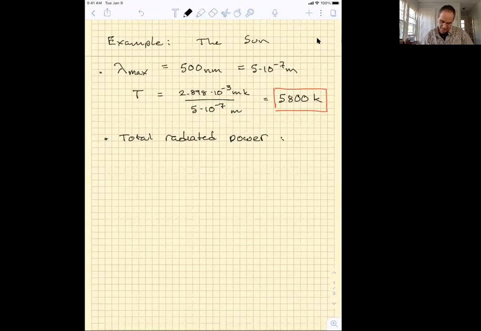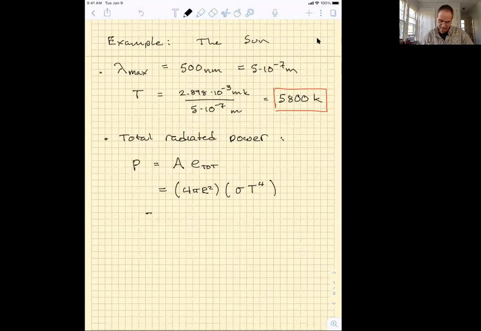The power is going to be the area of the surface of the sun times the total emittance. So this, of course, is 4 pi r squared, the surface area of the sun, times Stefan-Boltzmann's constant times temperature to the fourth. And then we can put in values.